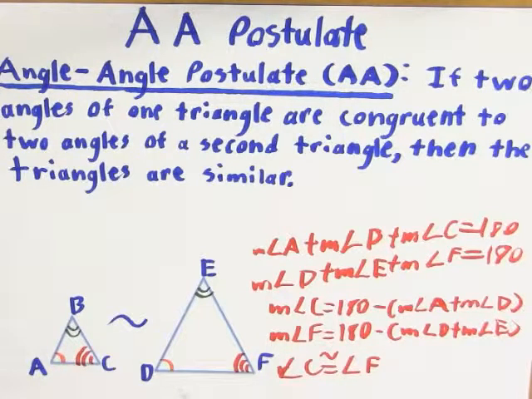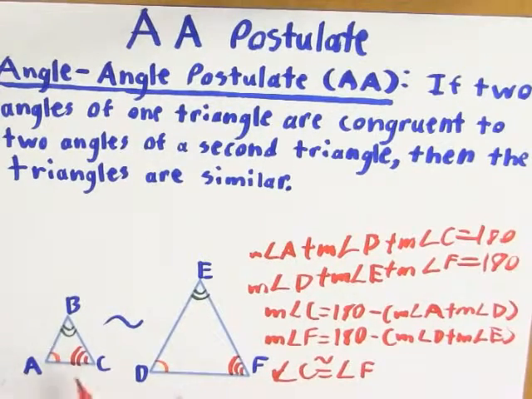Well, the no-choice theorem tells us that if 2 angles of one triangle, aka here, A and B, are congruent to 2 angles of a second triangle, aka D and E, then the third corresponding angles, which would be here angle C and angle F, have to be congruent, because all angles of a triangle add up to 180 degrees, and so by substitution and a property of addition, you get that the 2 angles are indeed equal.